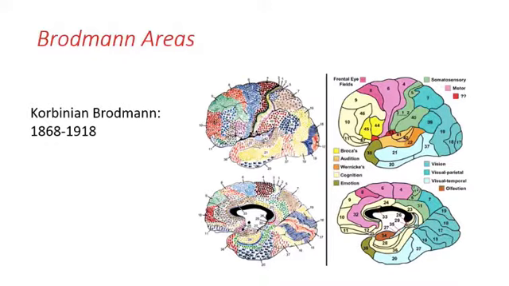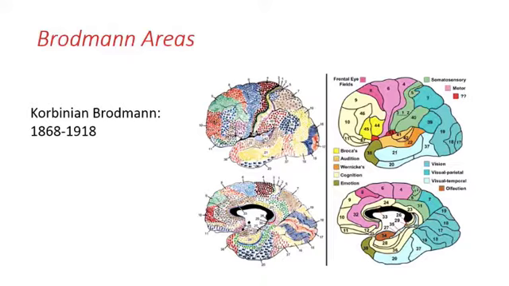And so you'll note that, for example, Brodmann area 44 corresponds to Broca's area. We have this primary motor cortex, or the precentral gyrus, is Brodmann area 4. So that's the primary motor strip.